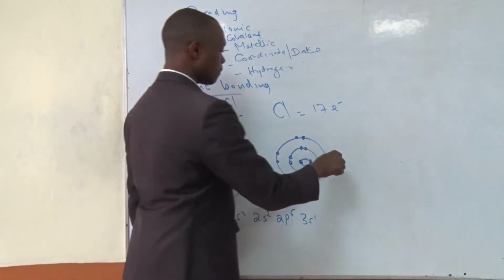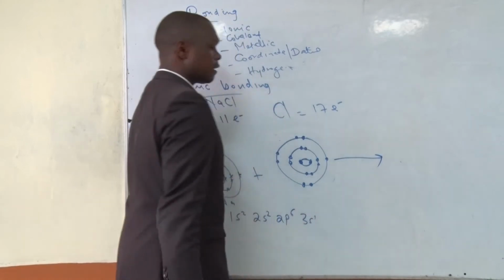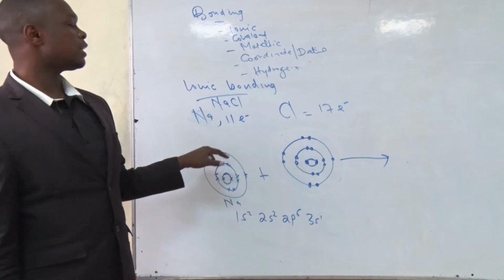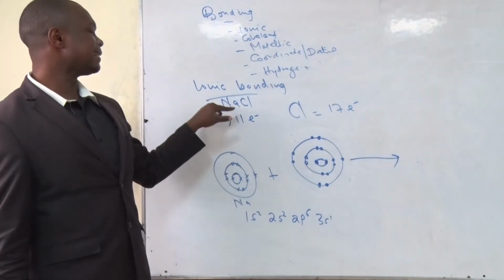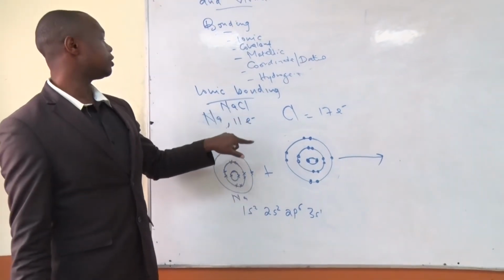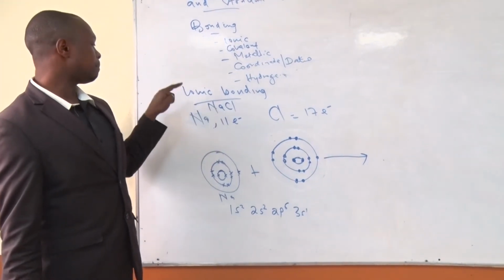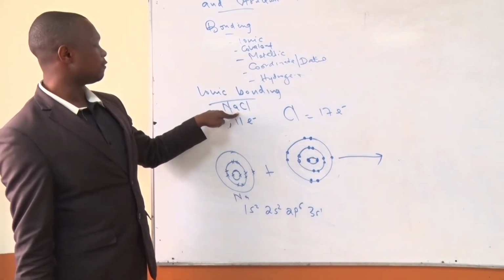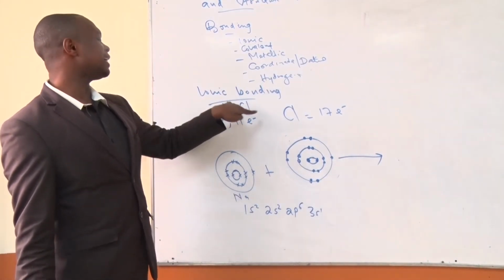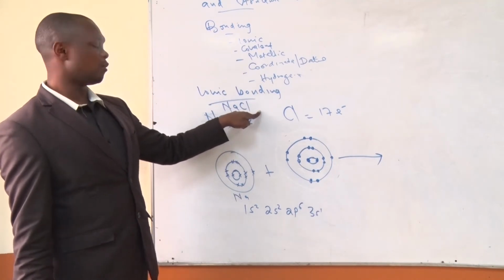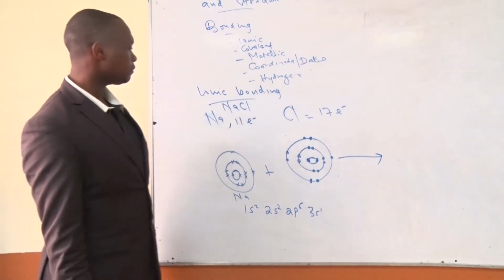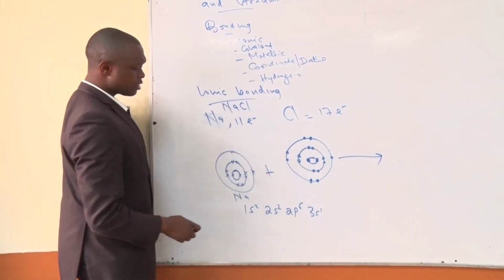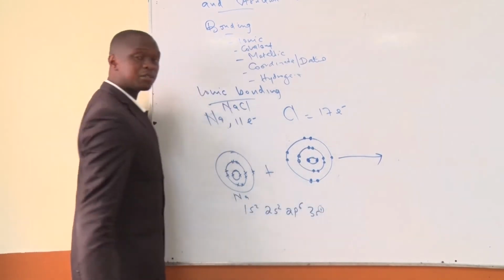We want to form a compound called sodium chloride, which we have said is formed by linkage or an attraction between the positive ions of the sodium and the negative ions of the chlorine. Now, for the sodium to become stable, it has to lose the outermost electron.